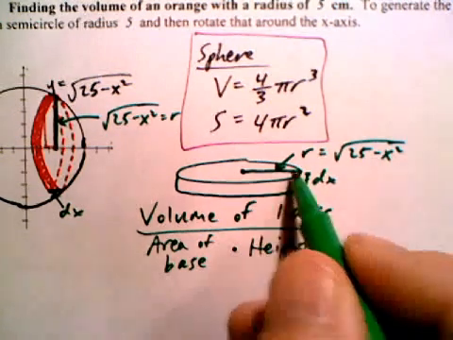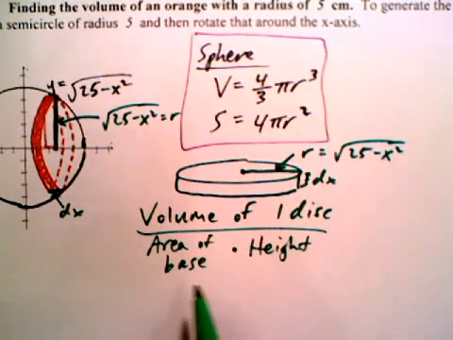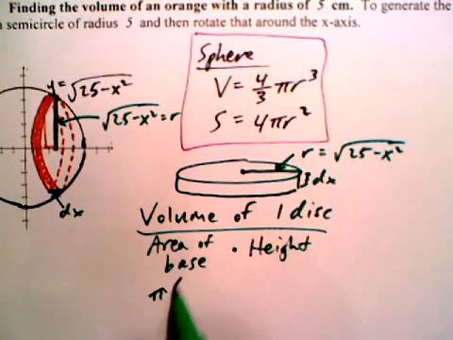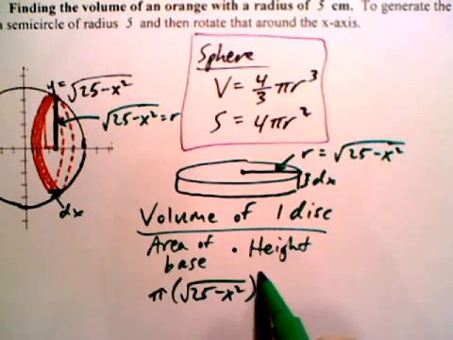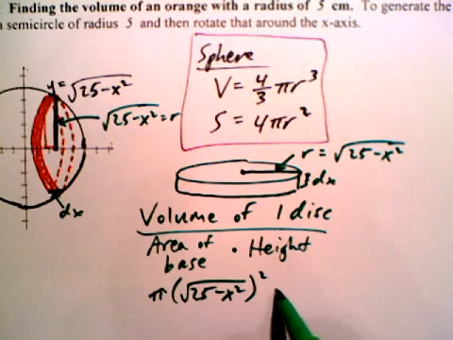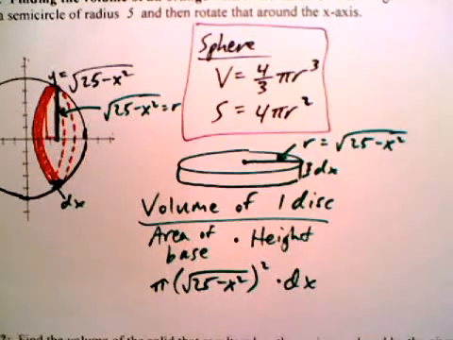If we're looking at the disk in this way, the area of the base is pi times the radius squared, which is the square root of 25 minus x squared, multiplied by the height, which again is dx. That's the volume of one disk. Let's cruise on over here.